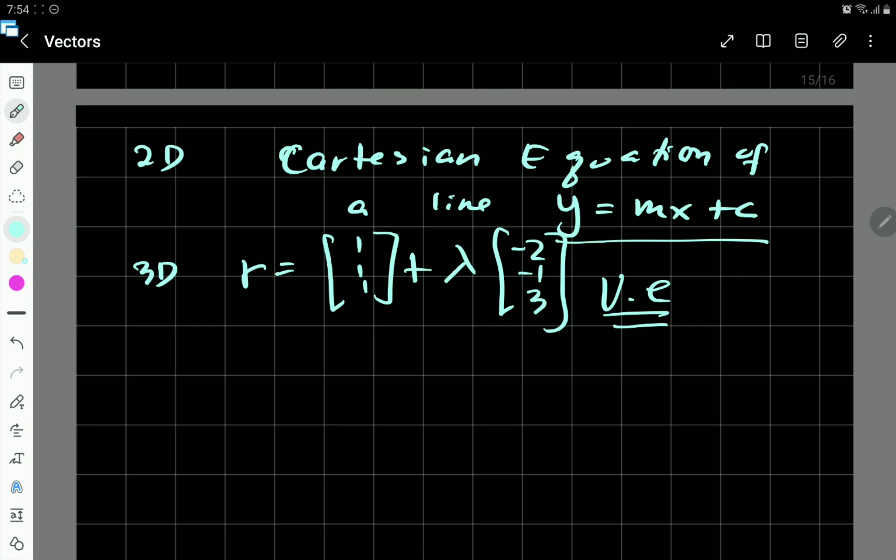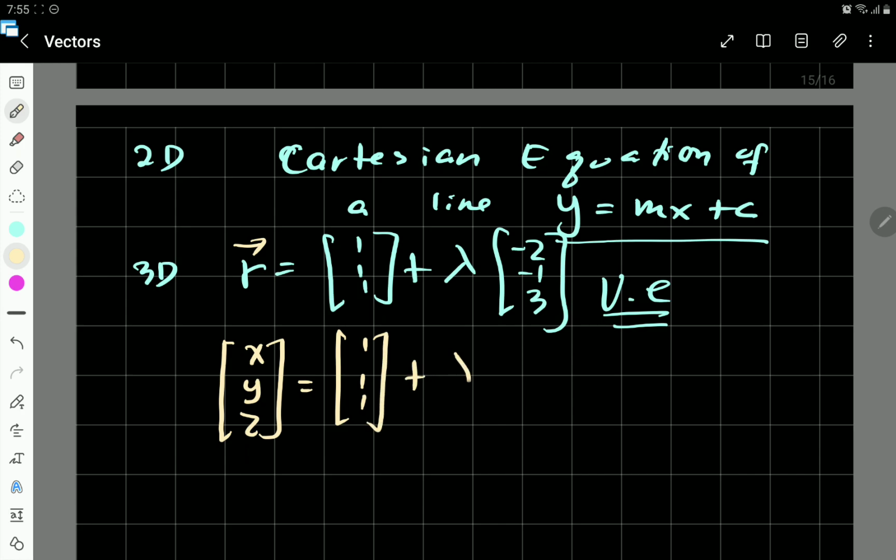So basically, remember the r is the position vector of the moving point (x, y, z). So r is moving to any point (x, y, z) on the line, and that is equal to (1, 1, 1) + λ, with the direction vector (-2, -1, 3).